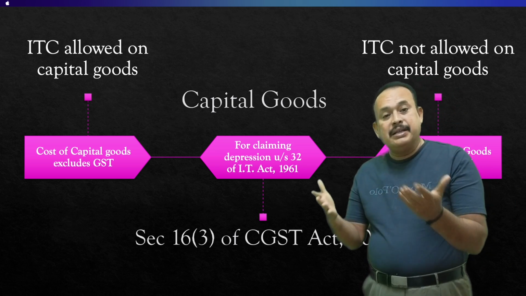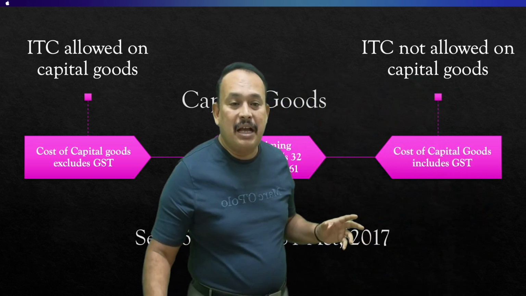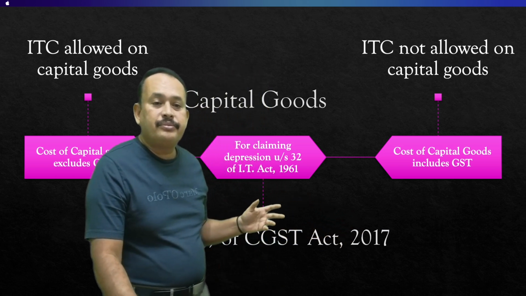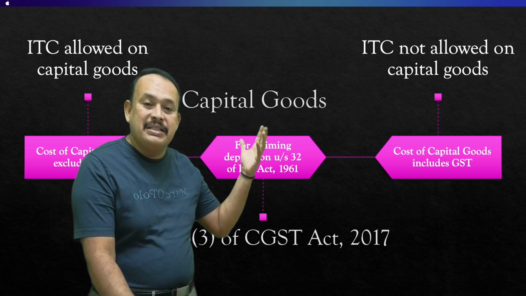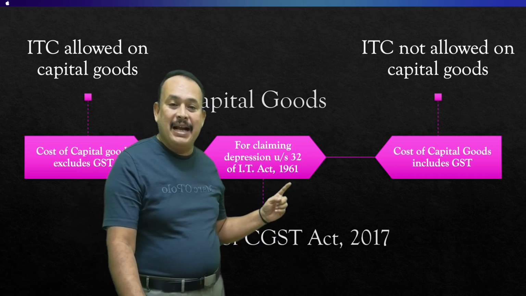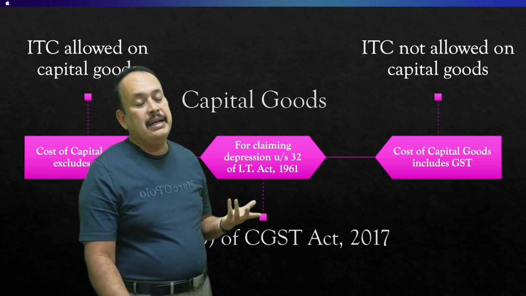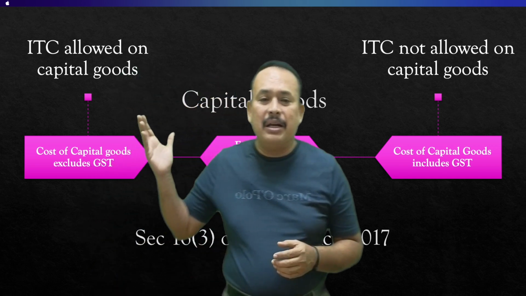Then ITC is allowed. On the other hand, if you purchase the capital goods with the GST amount capitalized to claim depreciation under the Income Tax Act, then ITC is not allowed. You are aware of that. What do you mean by capital goods?